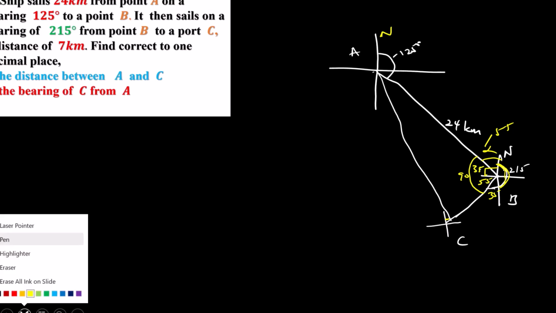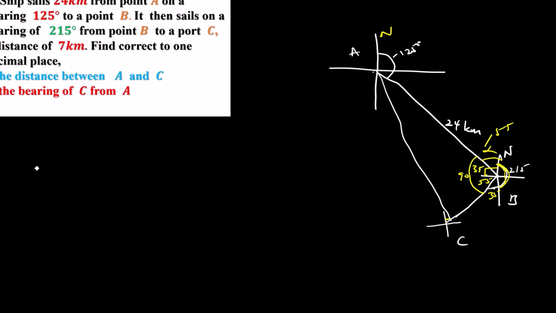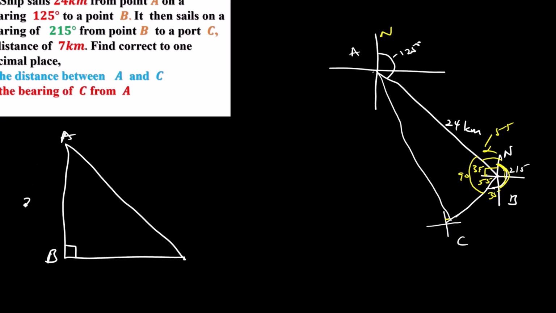All right. So let's sketch this one well, not drawn to scale. So 90, this is B. So side B here is 90. Then we have AC. AB is 24 kilometers. Then we are after AC, and this side is 7 kilometers.